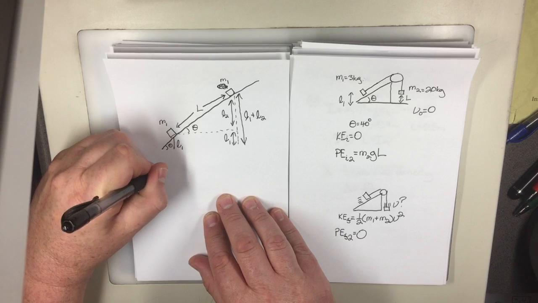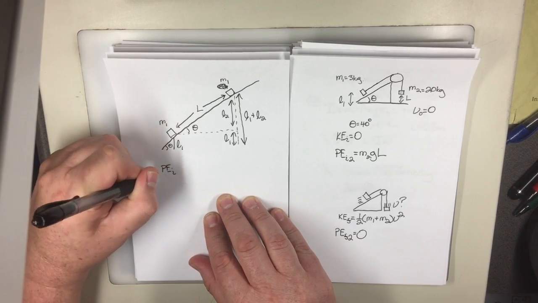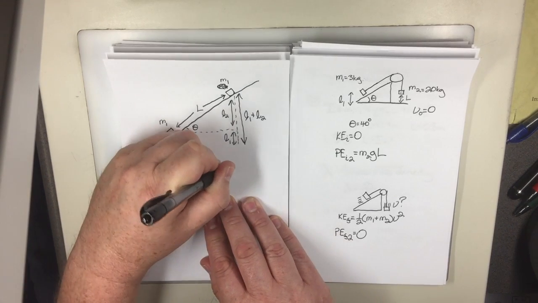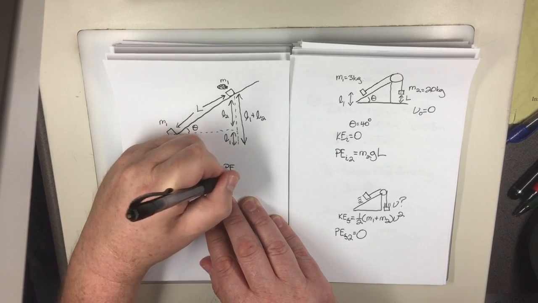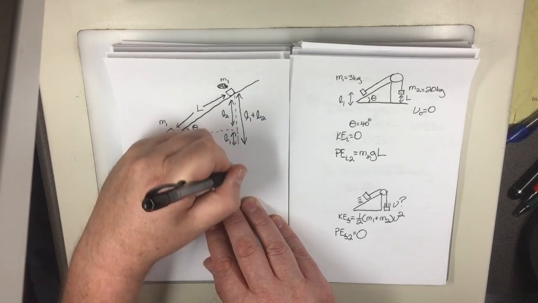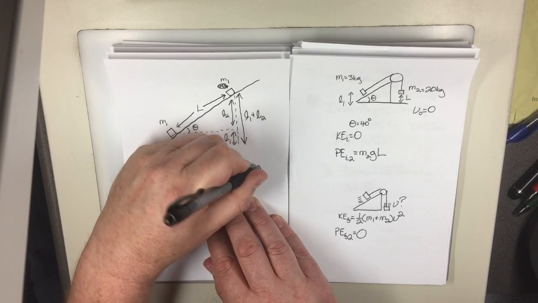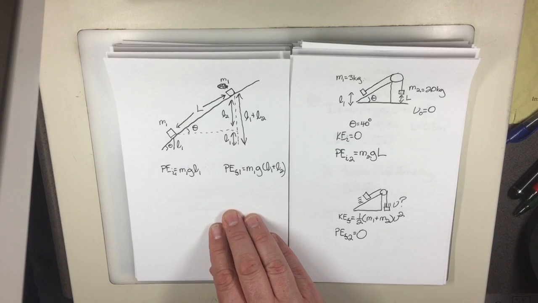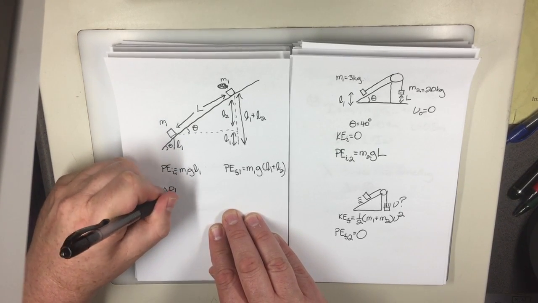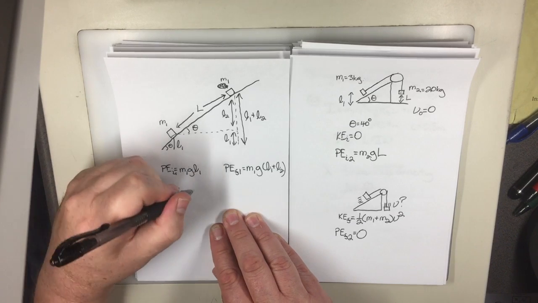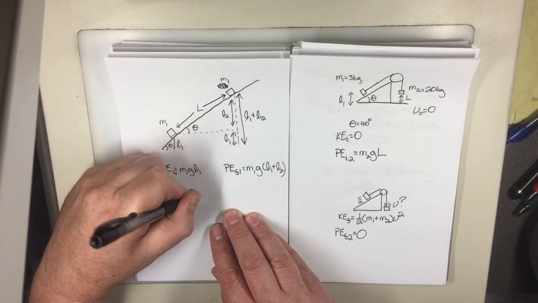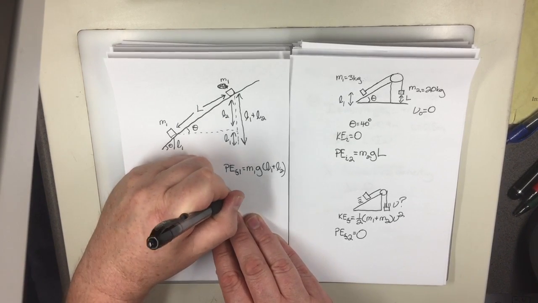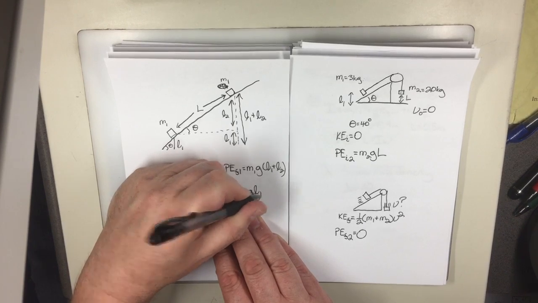The initial potential energy over here is M1gL1. The final potential energy for 1 is M1g(L1 plus L2). The change in potential energy, which is all we're really caring about, is M1g(L1 plus L2) minus M1gL1.